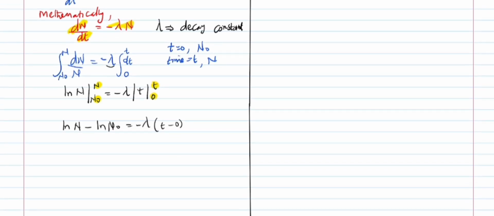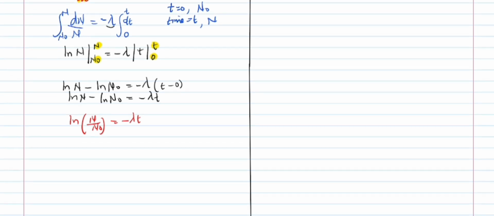So ln N minus ln N naught is equal to minus lambda t. Applying the law of logarithms, we have ln of N over N naught is equal to minus lambda t.